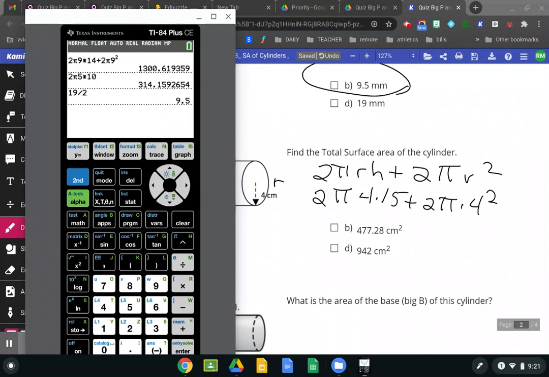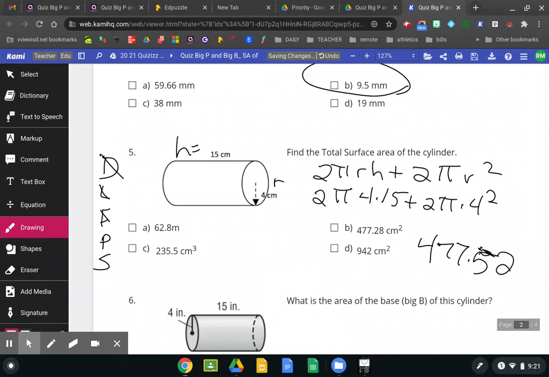Let's put that in your calculator. Enter, and you get 477.52.